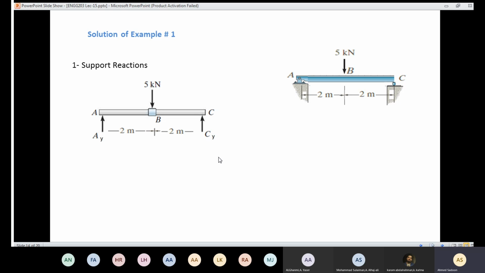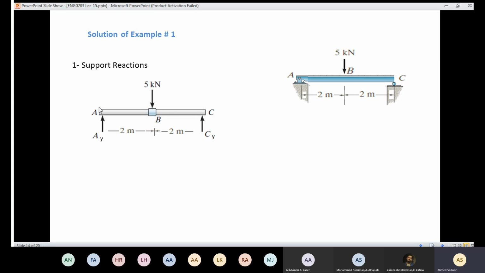Then we are going to apply the equations of equilibrium. Like I said, the summation of the forces in the x-axis equals 0, which means AX is going to be 0, so I don't need to include that. If I say that the summation of the forces in the y-axis equals 0, I'm going to have two unknowns, so it cannot be solved. Then I'm going to move to the third equation, which is that the moment about any point should equal 0.